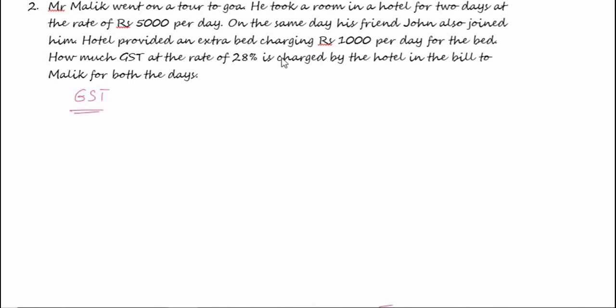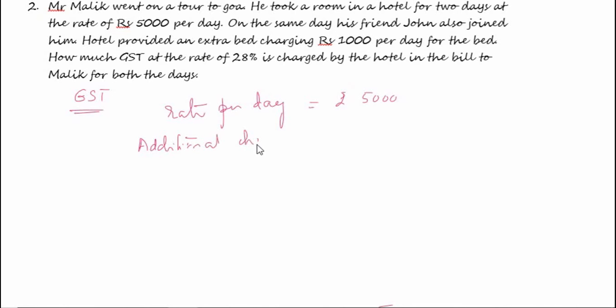So now what is the rate per day, room rate per day? Per day charges for the room is rupees 5,000. His friend came and they provided extra bed. So what is the additional charge for the extra bed?